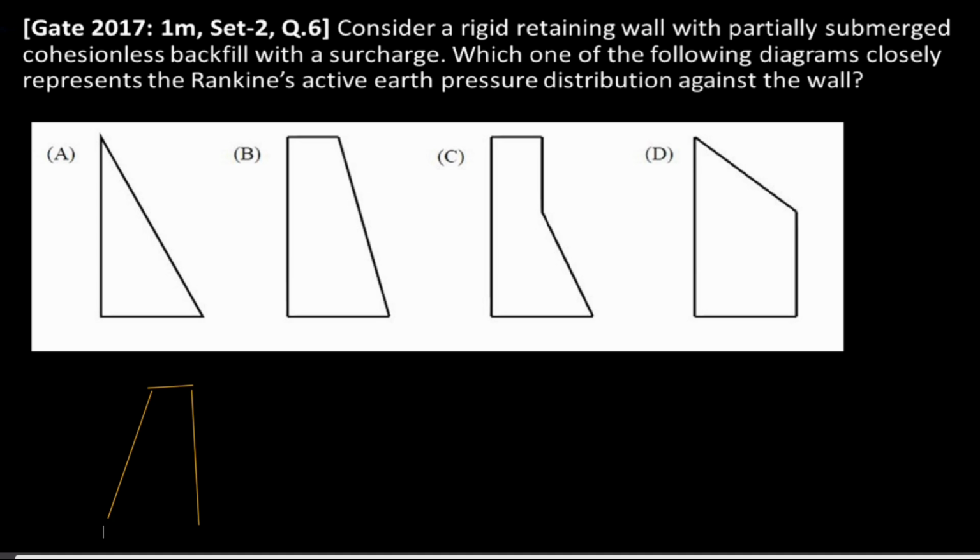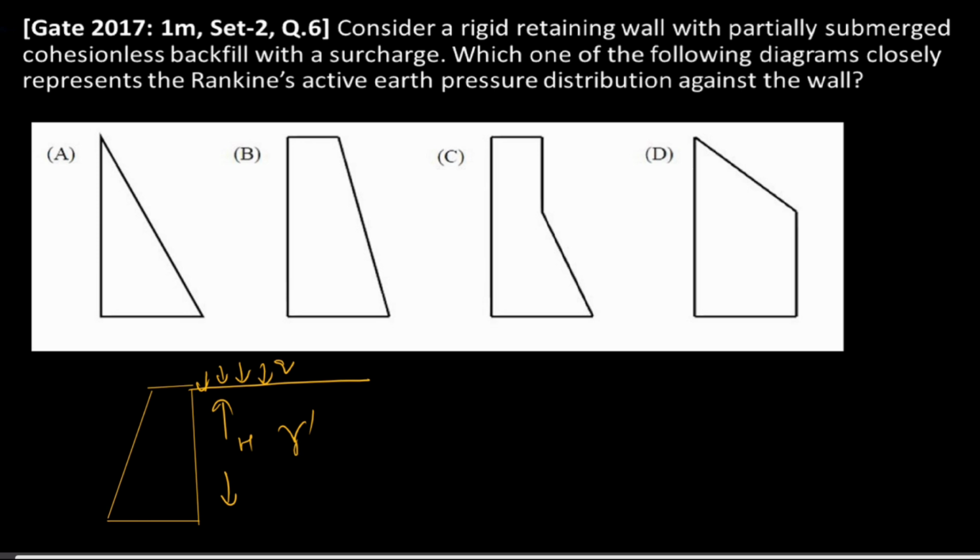This will be a rigid retaining wall where the surcharge Q will be acting, and this will be the height of the rigid retaining wall, and the cohesionless backfill will have a gamma dash because it is submerged cohesionless backfill.